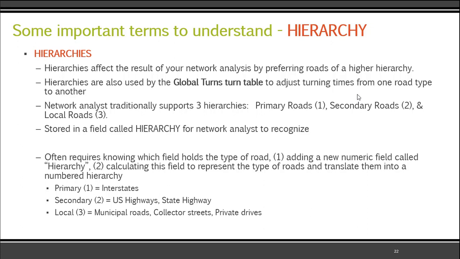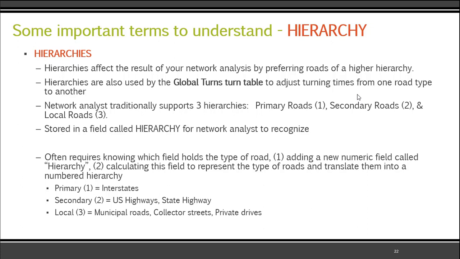All right, we've talked about this when we talked about hierarchy before. So here is just another screen showing you what the typical hierarchies are within a network data set. There are traditionally three hierarchies: primary, secondary, and local roads, stored in a field called hierarchy within the network data set. If you're creating your own network, you have to go into your base data and identify what are primary, secondary, and local roads.